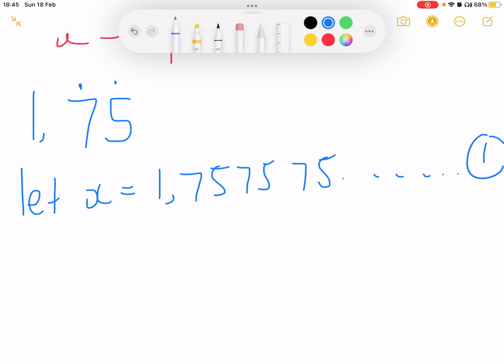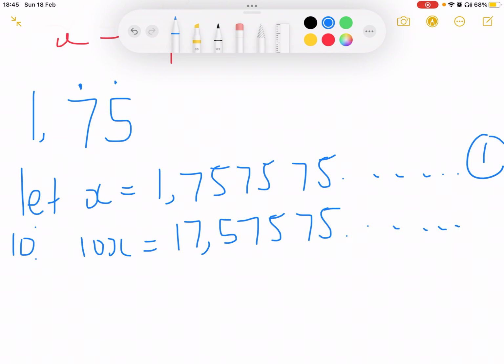Multiplying by 10, we get 10x is equal to 17.57575 all the way up to.